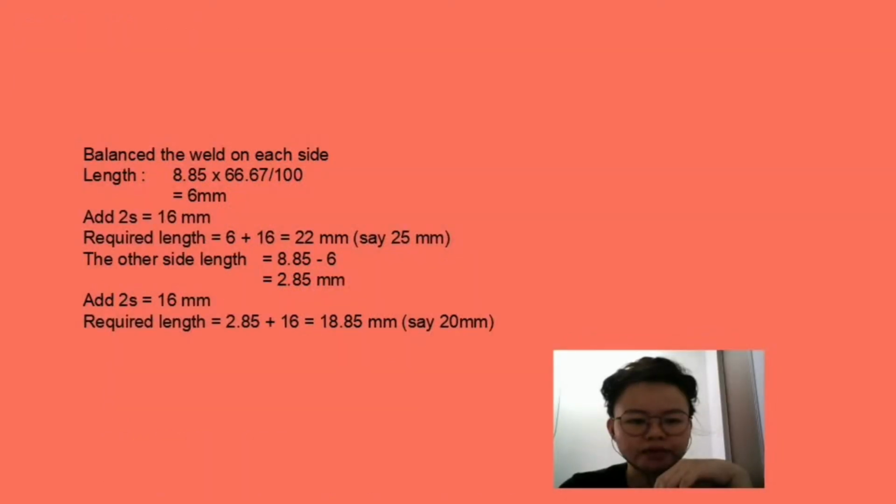For the balance of the weld on its size, the length is C meter and the required length is C meter by 16, is F2S, 22 millimeter, set by 25 millimeter. For the required length, it is 2.85 counted from the other side length plus 16 millimeter, is F2S. The total is 18.85 millimeter, set 20 millimeter.